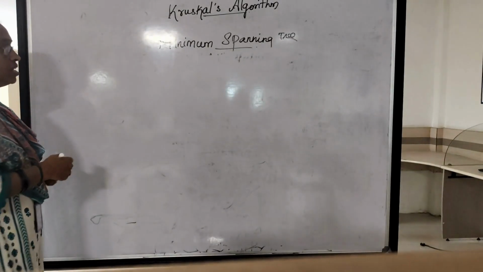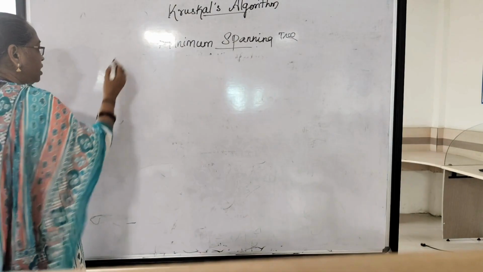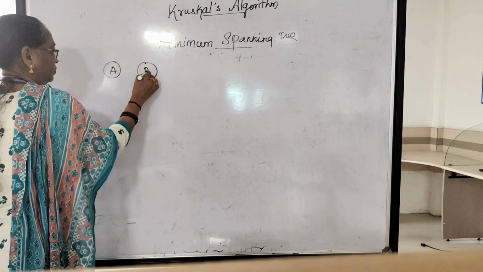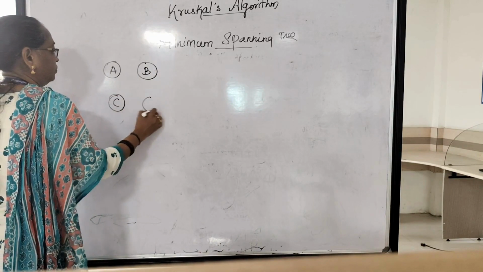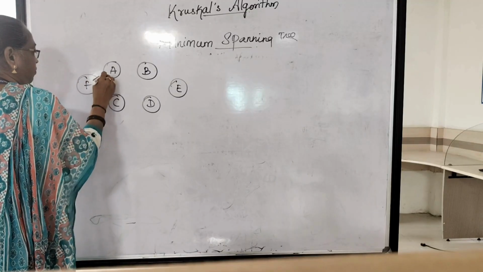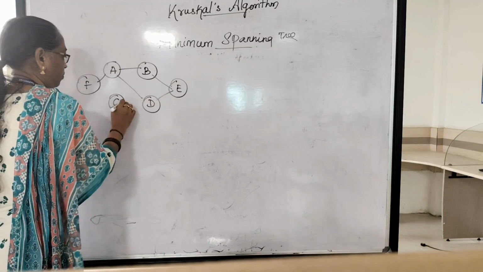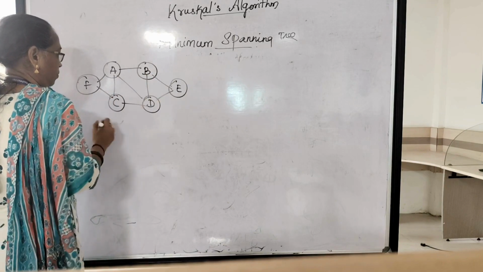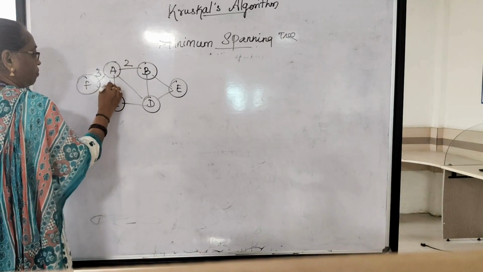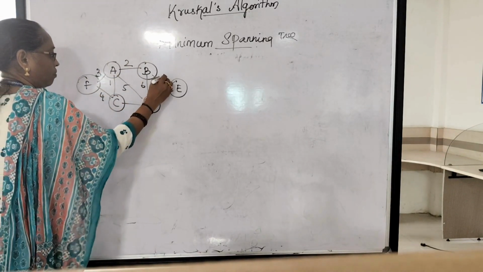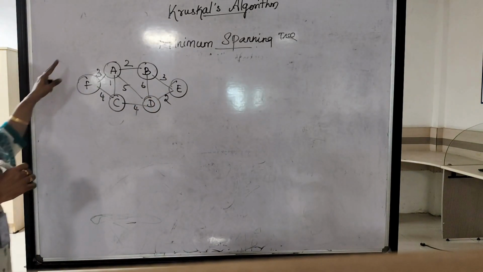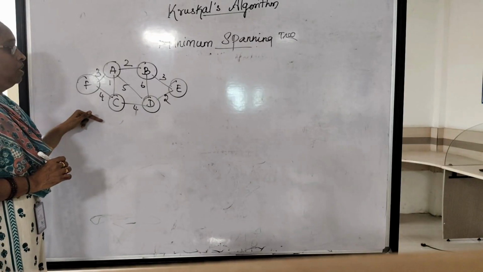We will take another example to find the minimum spanning tree. Consider this is a graph, again an undirected graph.